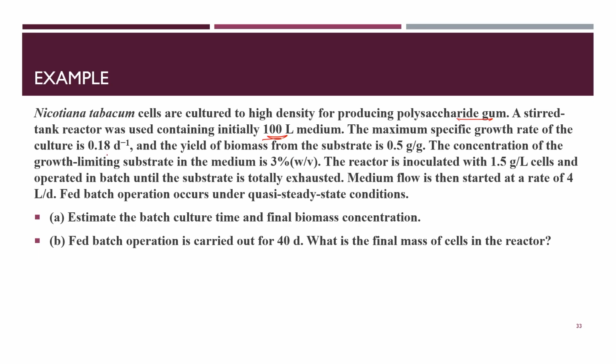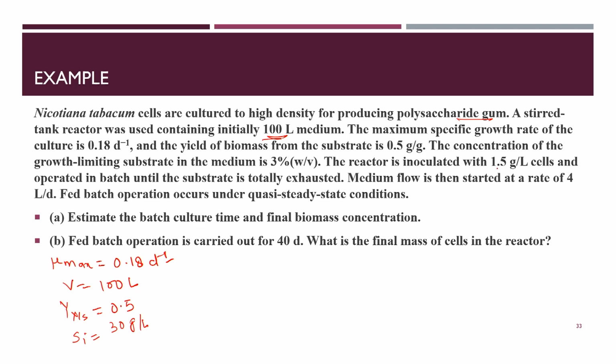The maximum specific growth rate mu max is 0.18 per day. Yield of biomass Y(x/s) is 0.5. The concentration of growth limiting substrate Si is 3%. 3% means it will be 30 gram per liter.